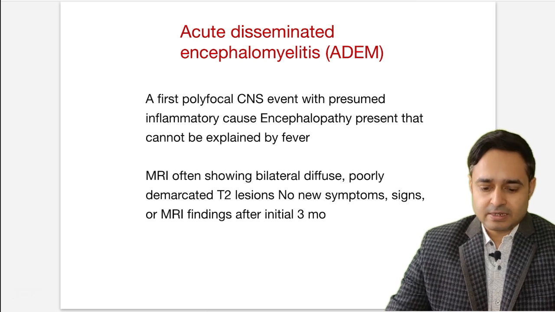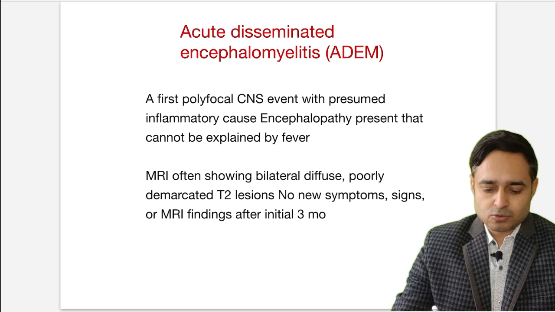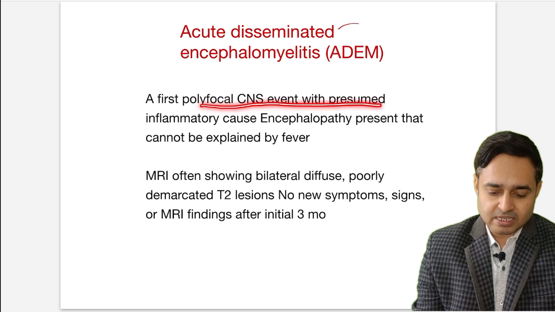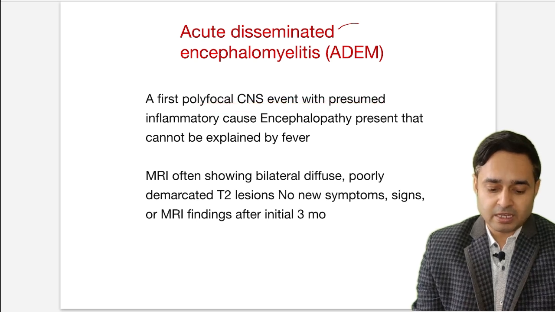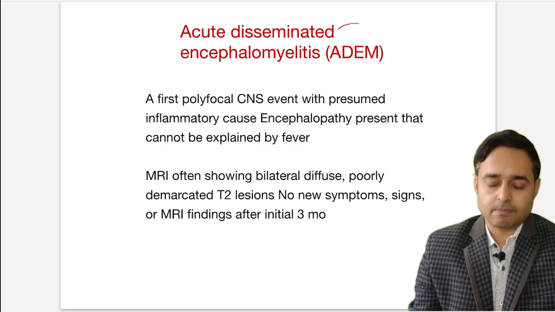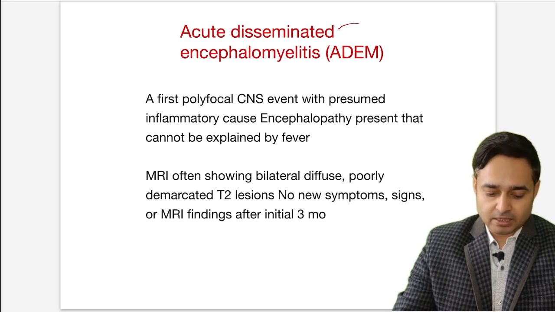Now we'll discuss some disorders in brief. So what is ADEM? ADEM is a first polyfocal CNS event with presumed inflammatory cause, with encephalopathy present that cannot be explained by fever. So this is of inflammatory origin and fever can't explain the encephalopathy.